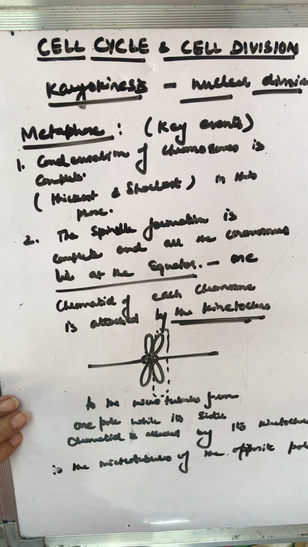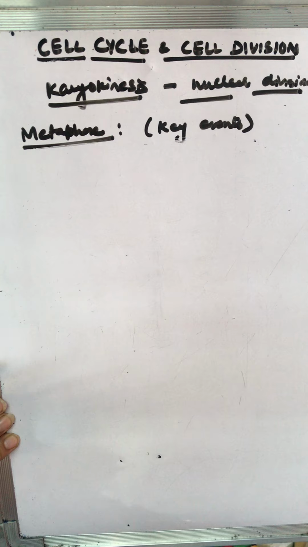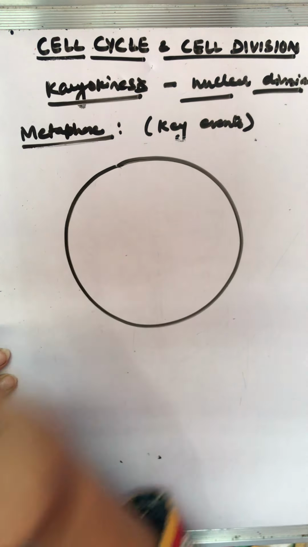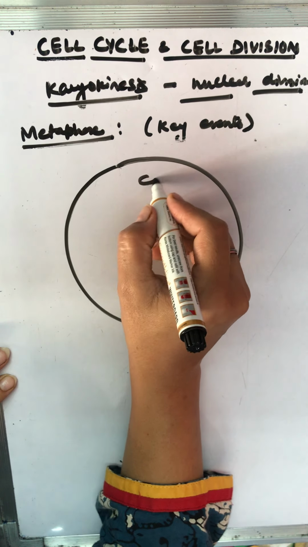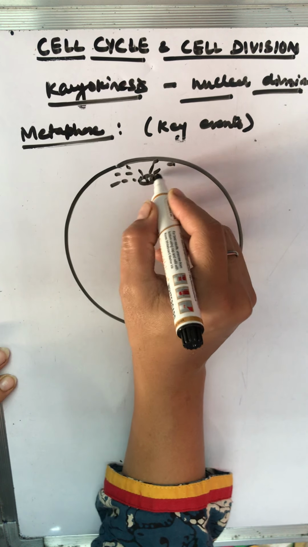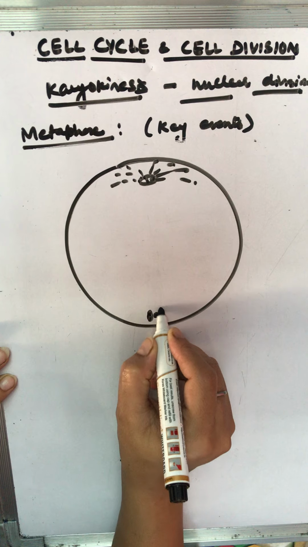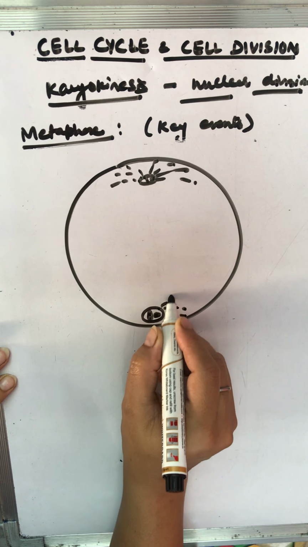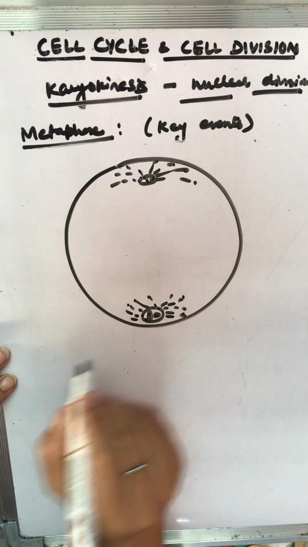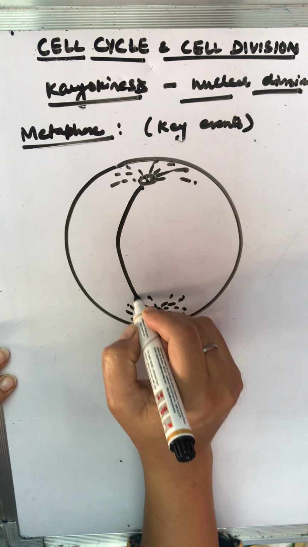When we draw the diagram, this is the cell where the spindle apparatus, that means the centrioles, are present, and astral rays, that is what I am drawing here. Same way on the other side, astral rays. Clear? These are the spindle fibers.